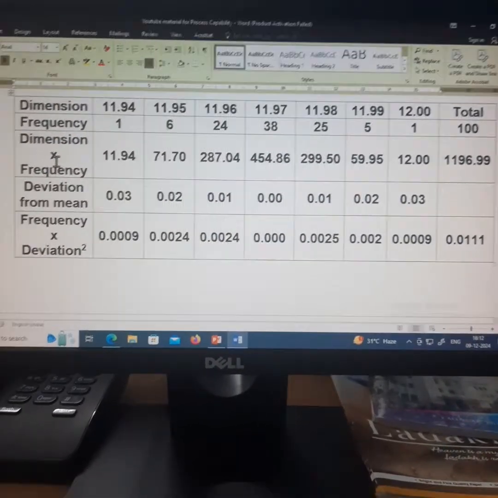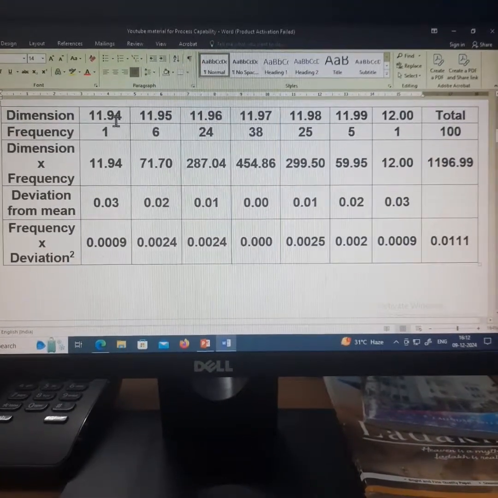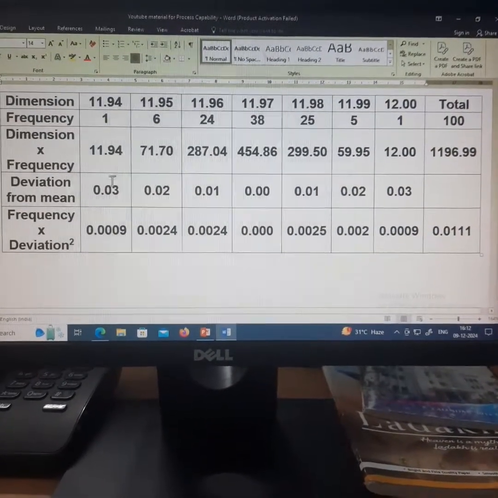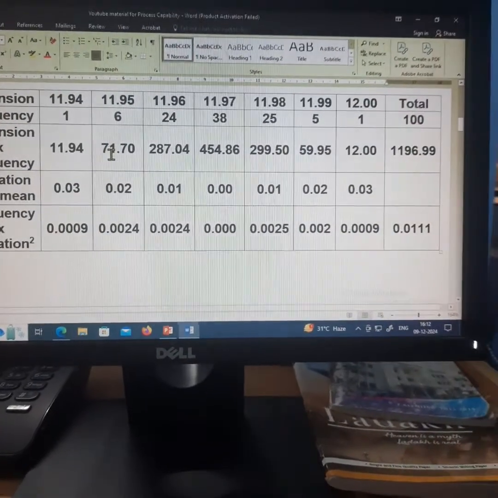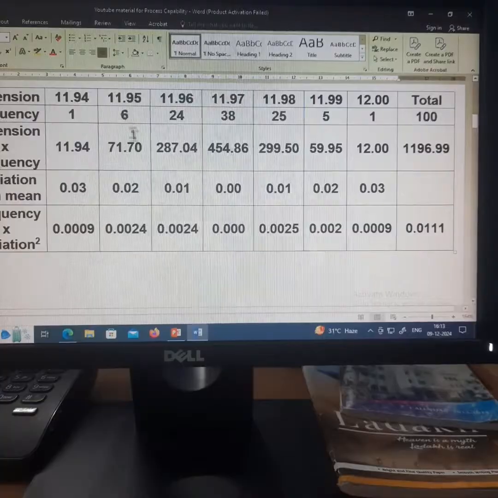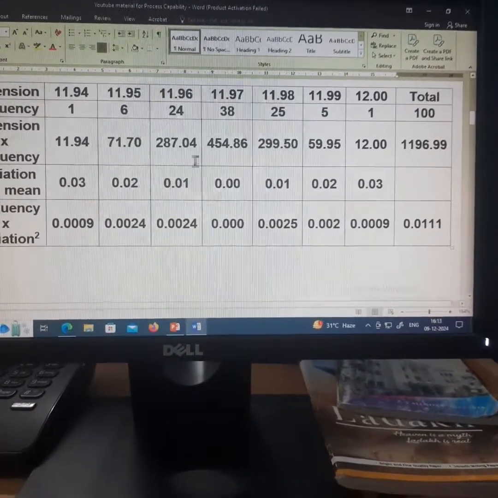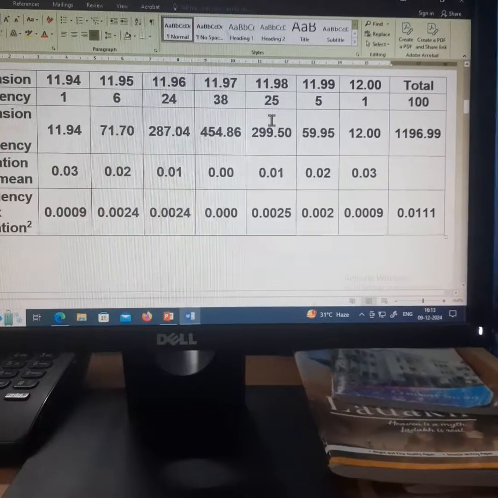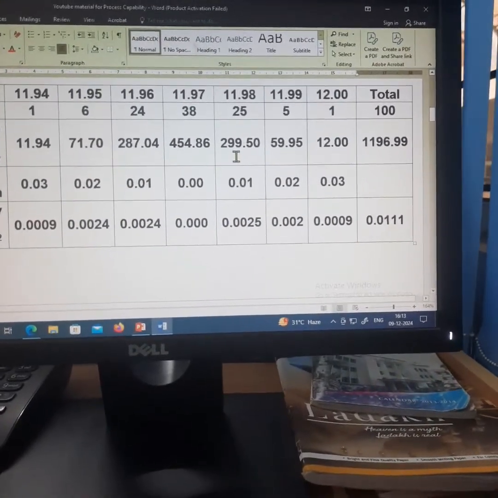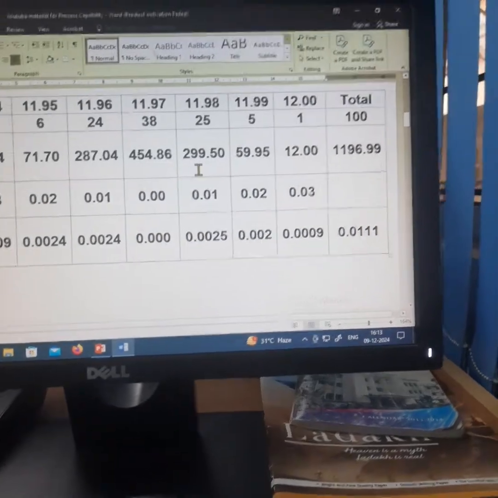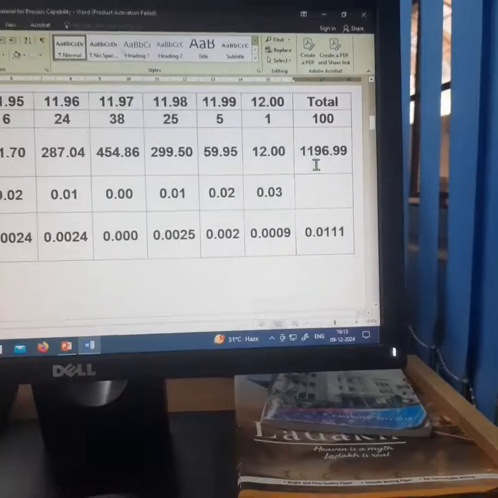The third row is the product of dimension and frequency. So 11.94 and 1, when you find the product, comes to 11.94. Similarly, 11.95 into 6 is 71.7. Like that, we find the product of the first row and second row and enter it in the third row. The third row, last column, is the total of all these values.